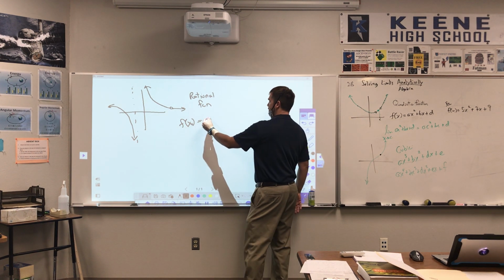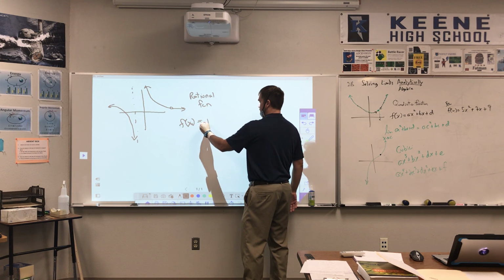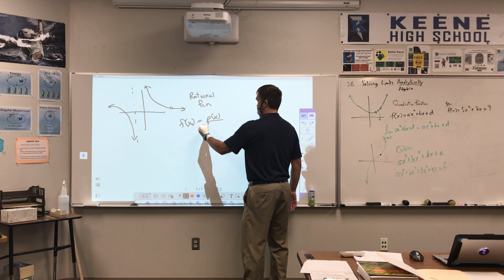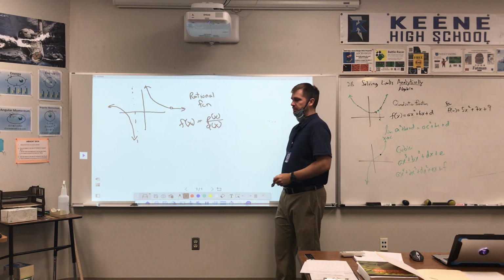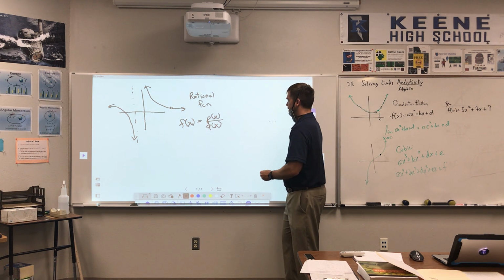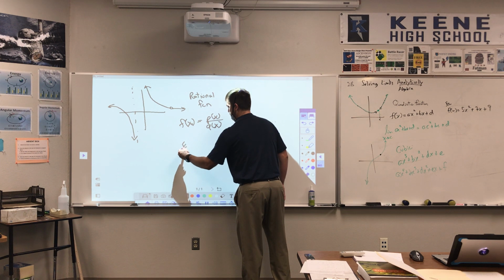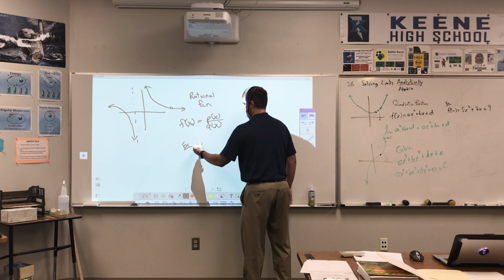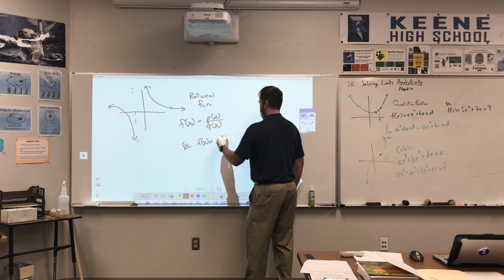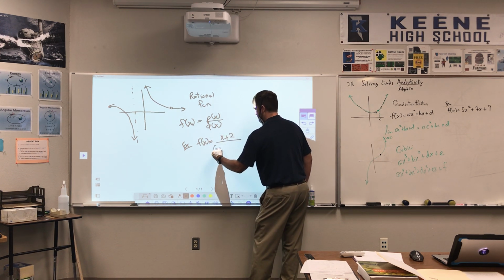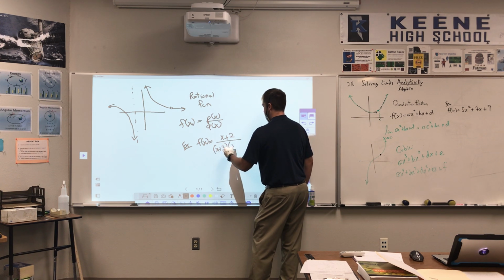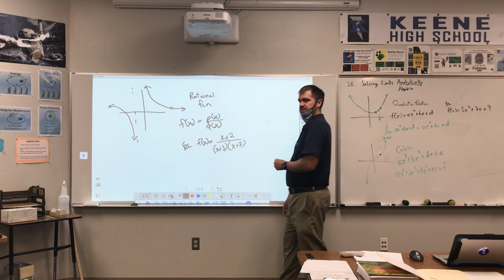So something where you have like P of x over Q of x, where P and Q are polynomials, okay? So, for example, f of x equals x plus 2 divided by x plus 3 and x plus 7.